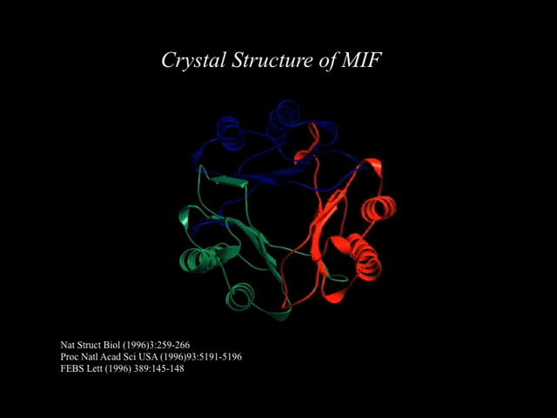Each color represents a subunit. They also discovered that MIF has a very unique crystal structure among human proteins at that time. It was the first in its class.